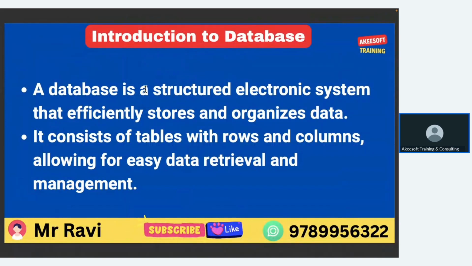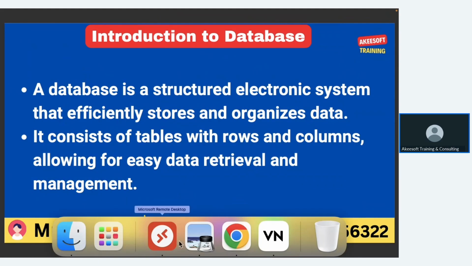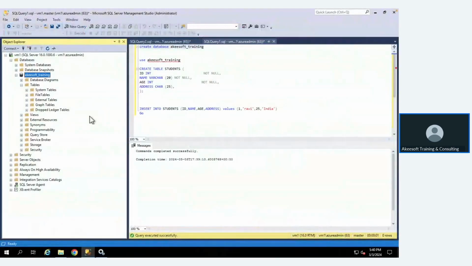The database is a structured system which is used to store and organize data consisting of tables, rows, and columns. As I told, a database consists of tables, and the tables will have rows and columns. Now I'm not able to see any tables here.